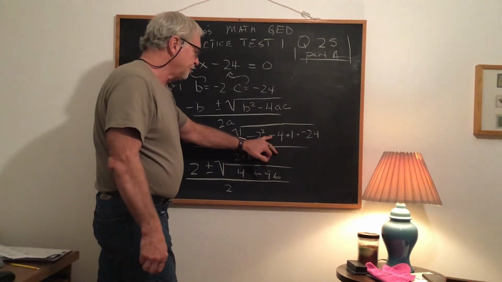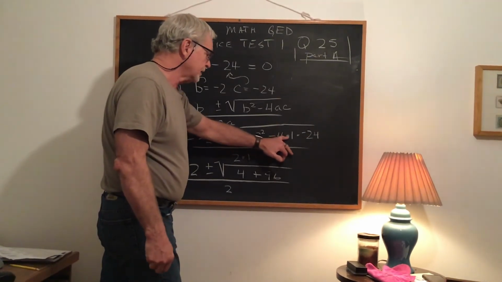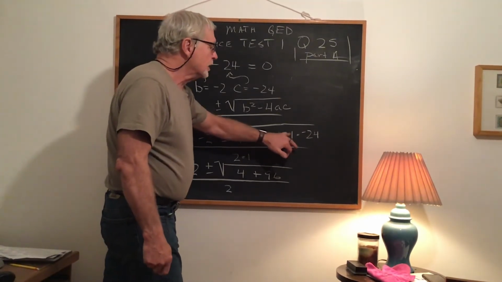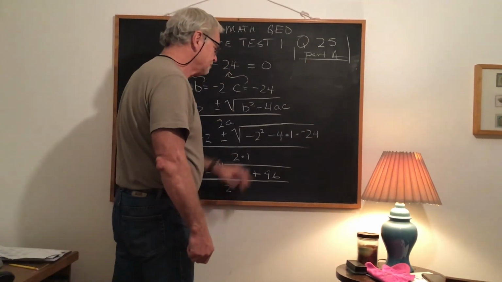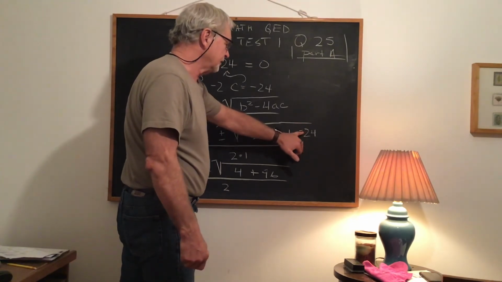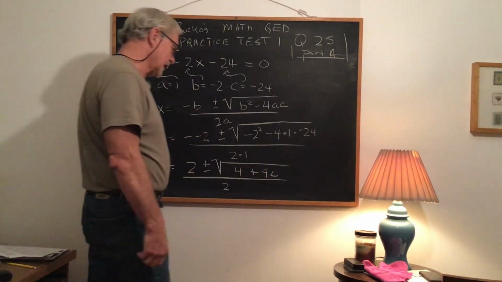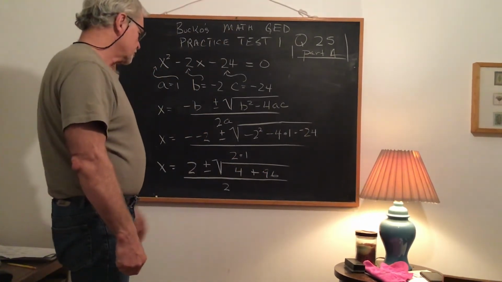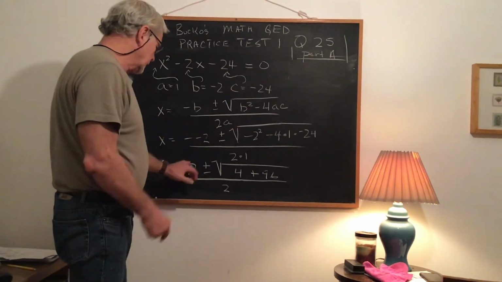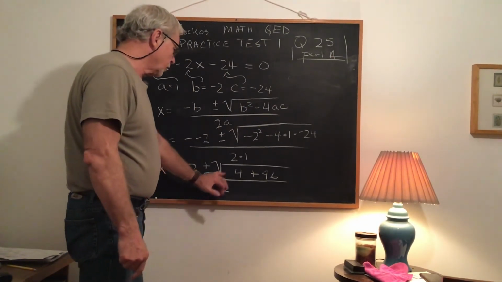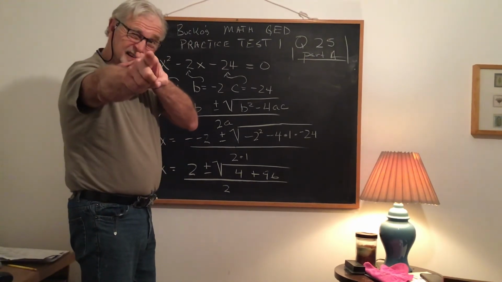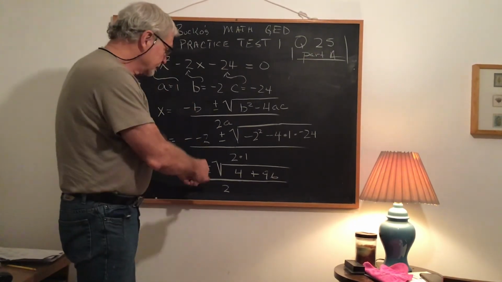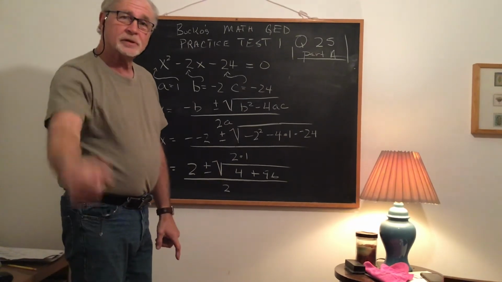And a negative 4 times 1 is a negative 4. Times negative 24 is 96. And negative times a negative is a positive 96. So all this collapses to 2 plus or minus the square root of 4 plus 96, which is going to be 100, all over 2. That's part A.